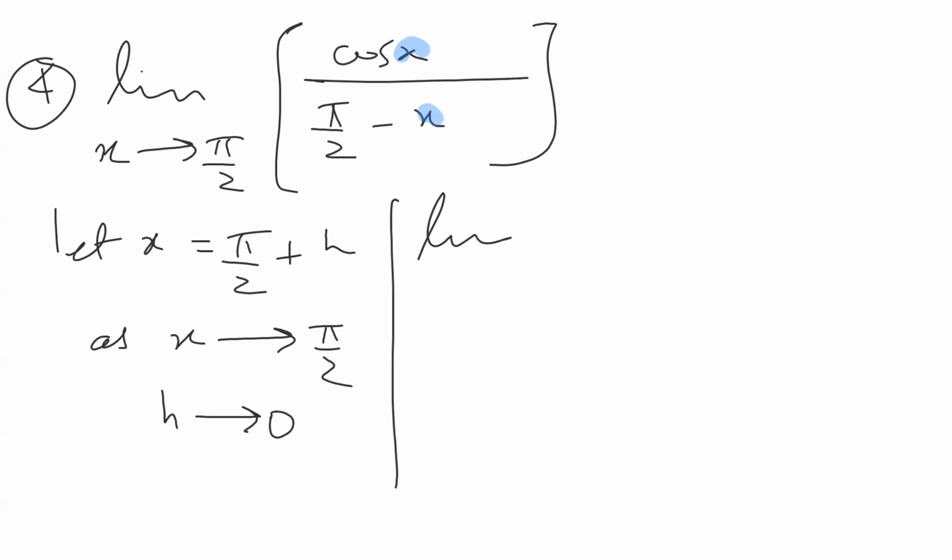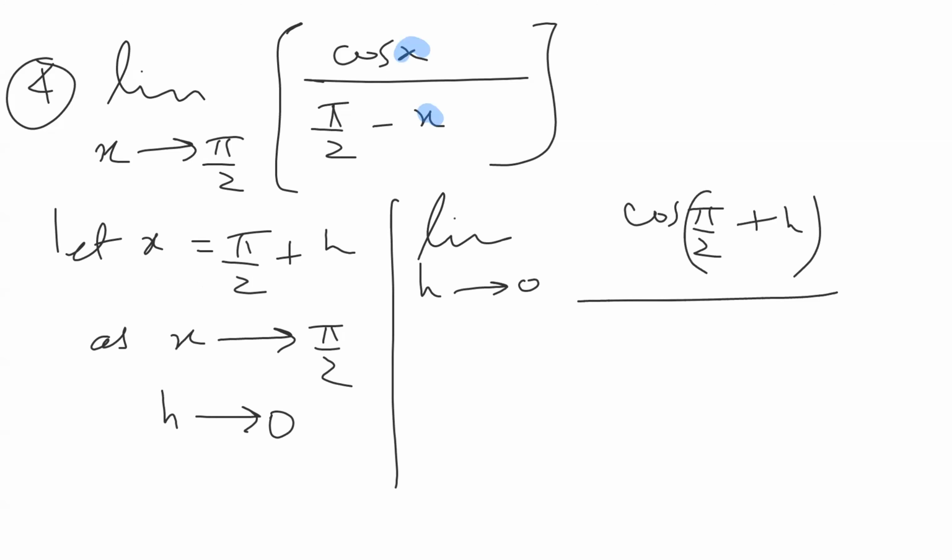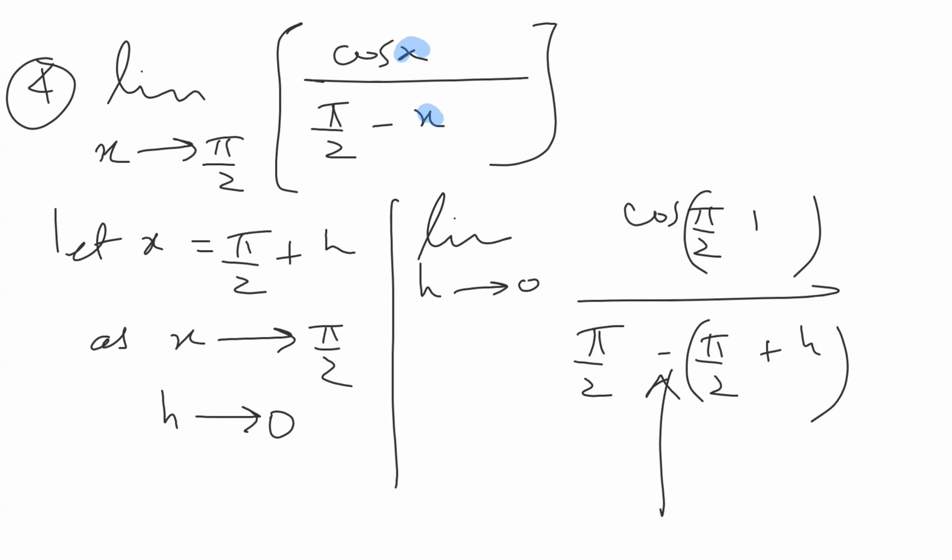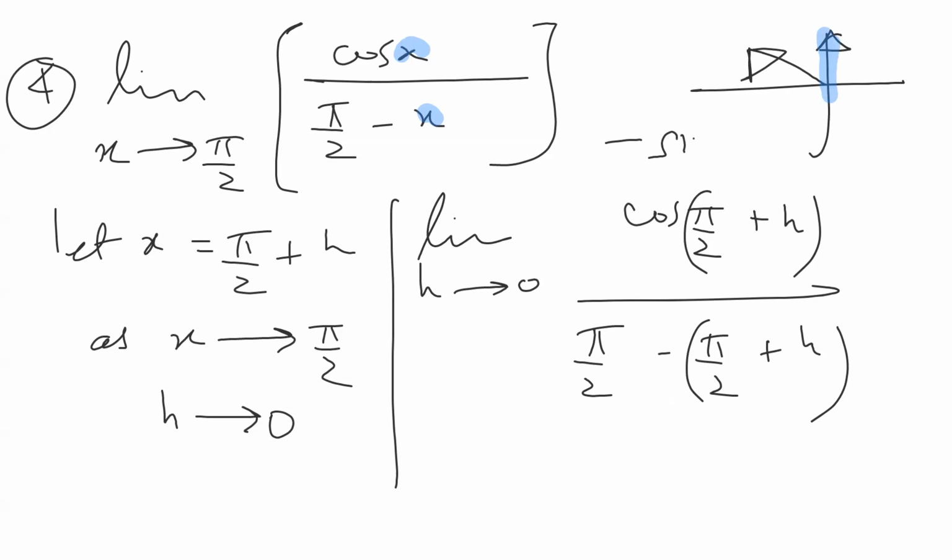Limit h approaching 0 of cos of pi by 2 plus h upon pi by 2 minus, in round brackets, pi by 2 plus h, because there is a minus sign. Now we apply the trigonometric rules in the numerator. Pi by 2 is 90 degrees, and plus is the anti-clockwise direction. In this quadrant cos is negative, and since we are on the y-axis, pi by 2 is 90, cos changes to sine, so this will be minus sine h.